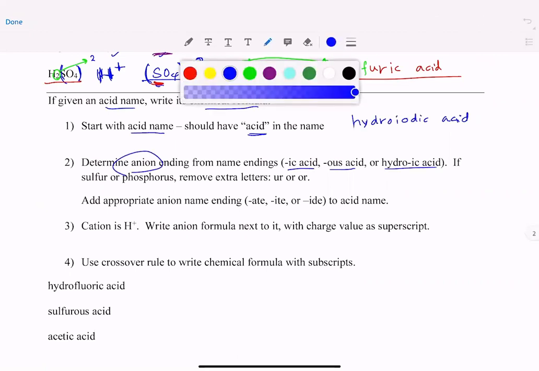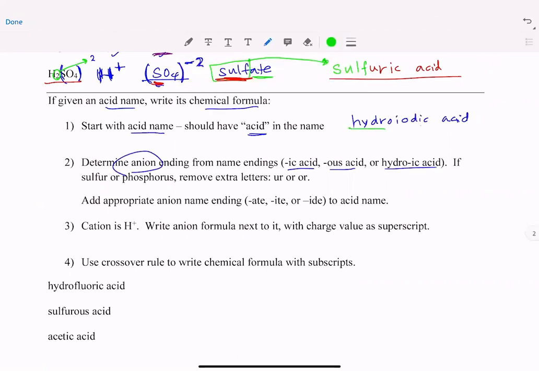Well, I can see from the beginning, which is hydro, and then ic acid, that this is the part that's left. So I take that iod. If it was a hydro-ic acid, that name ending corresponds to the IDE. So remember, hydro-ic acid is an IDE name ending for the anion. The OUS acid is an ITE name ending, and the ic acid is the ATE name ending.